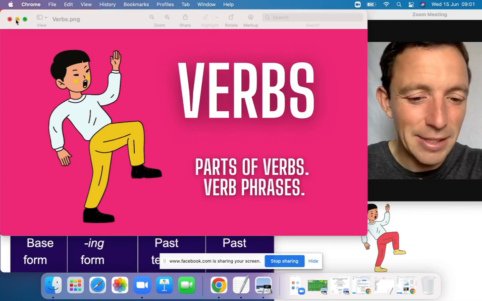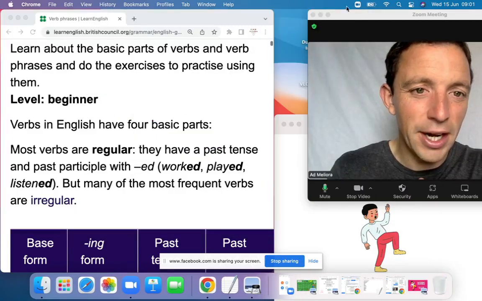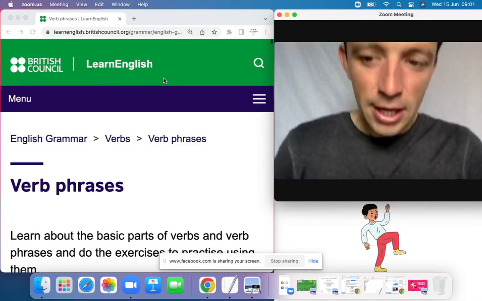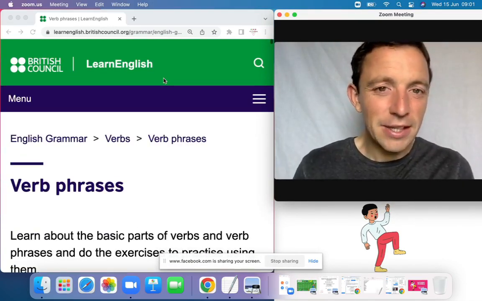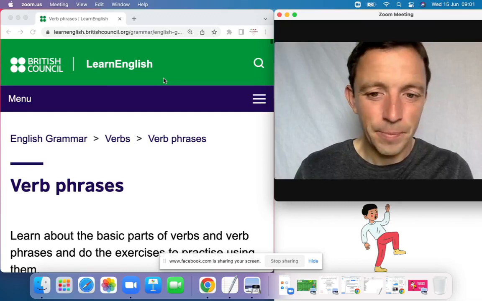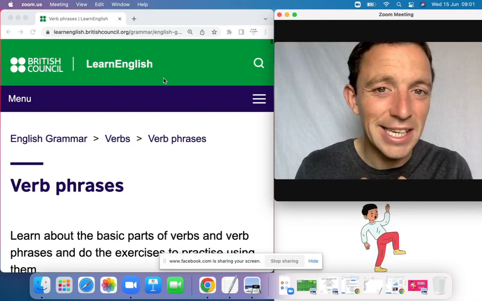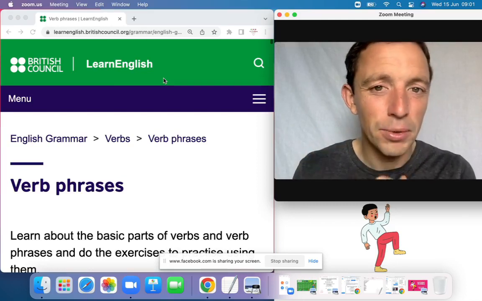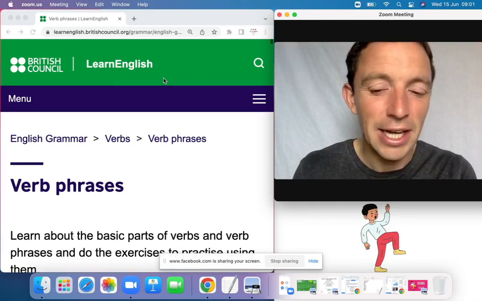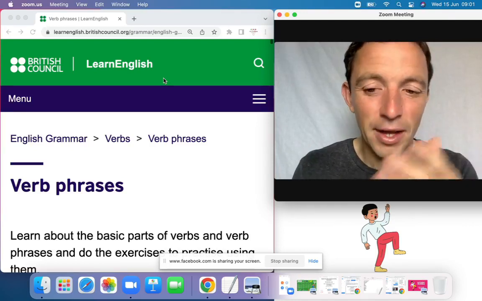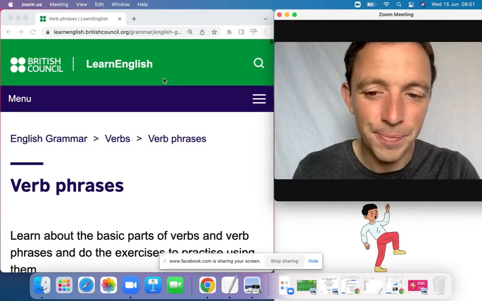Okay, let's begin. So here we can see it's the page, as I said, from the British Council, and it's the grammar section. It's excellent. You probably already have a very good understanding of the basics, but I just want to try and help a little and to give you my advice and to give you my tips a little during this explanation.